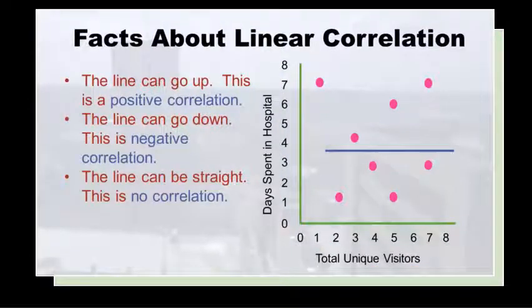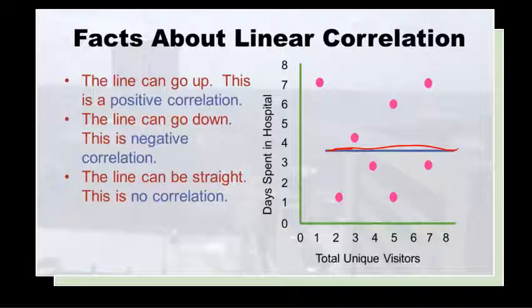Okay, so what if it's kind of a mess like this? What if it's just doing something and you can't really see if it's going up or down? It's not doing anything obvious. Well, in this situation, your linear line can just be a straight line.